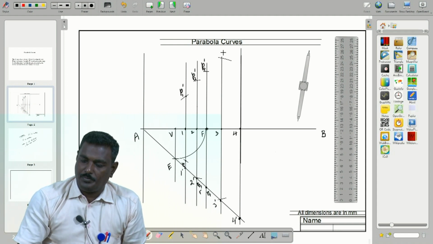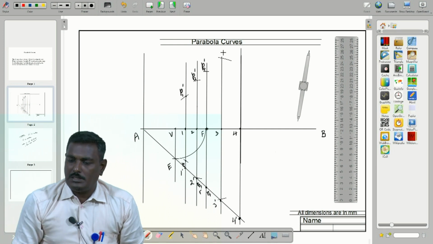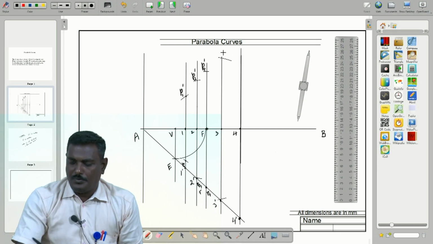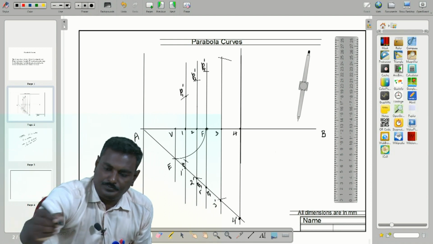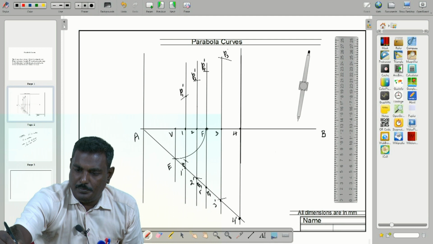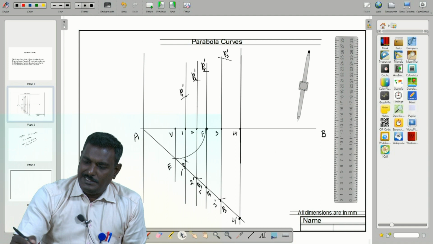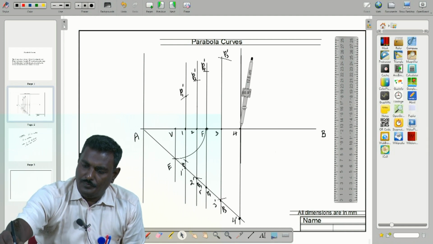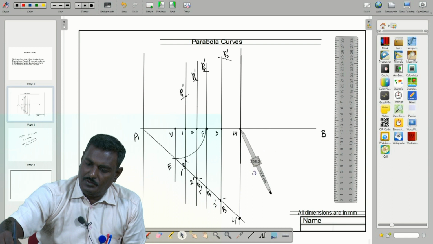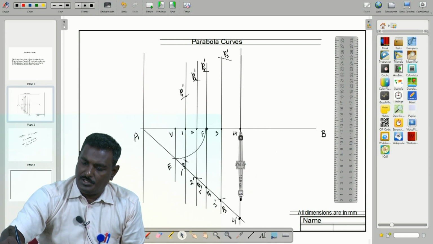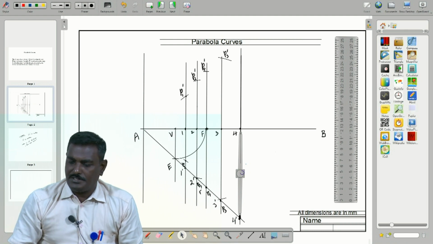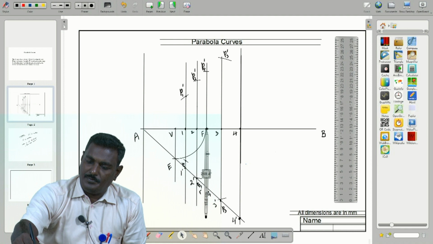Below and above. Now give a lettering point P3 dash. Then similarly for point 4, measure 4 dash as radius, with F as center.